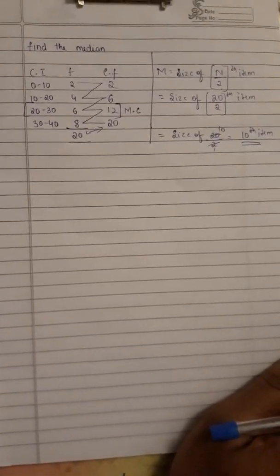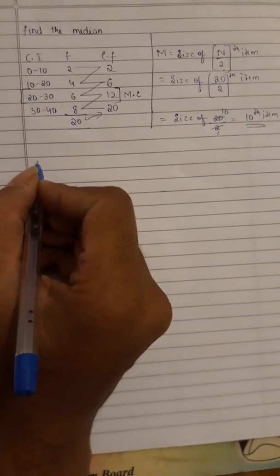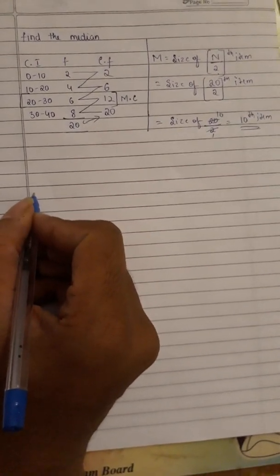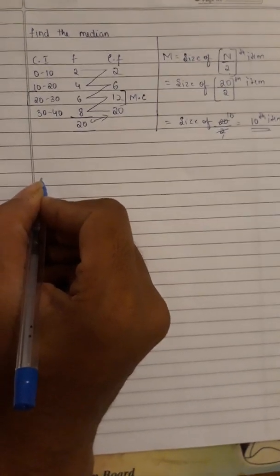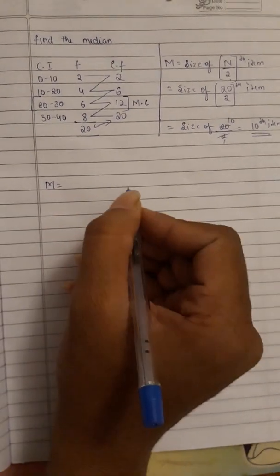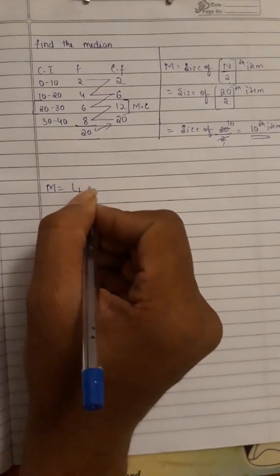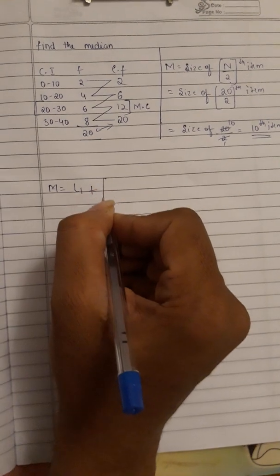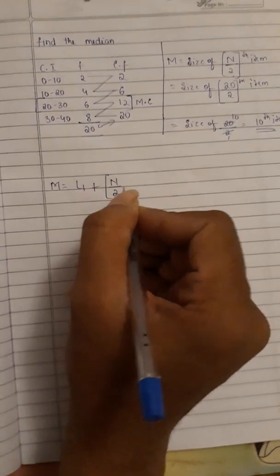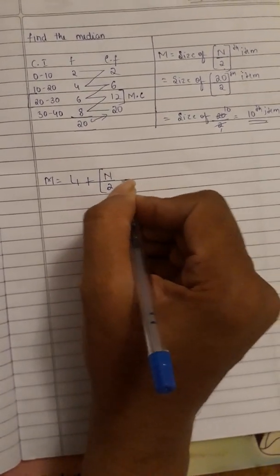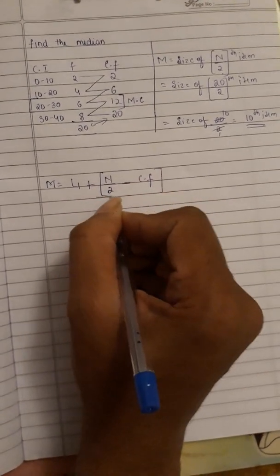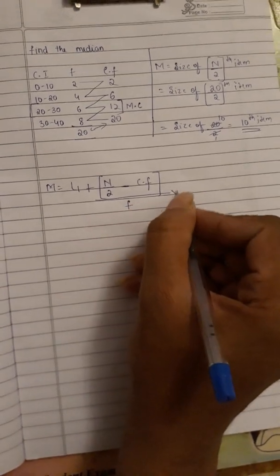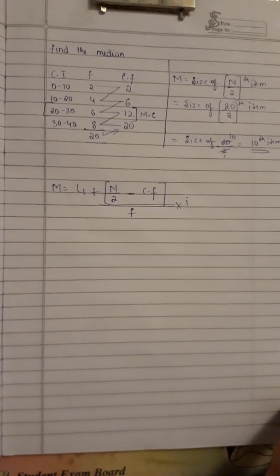Now we are done with the first step. We'll go to the next step. We have to use one more formula for finding out median. I'll write down the formula: M equals L1 plus, open the bracket, n divided by 2 minus cumulative frequency of the preceding class, divided by frequency, into i. i is the class interval.